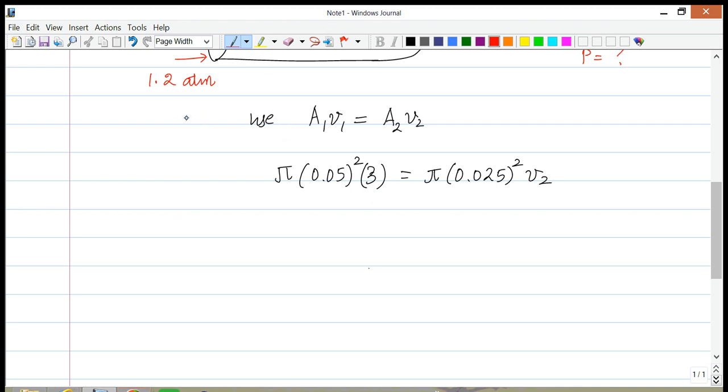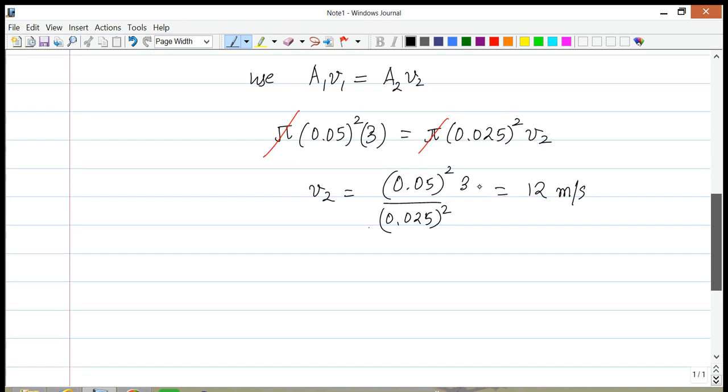First of all, the pi's cancel out, and then we'll write V2 as 0.05 squared times 3 divided by 0.025 squared. Now 0.05 divided by 0.025 is 2, and the square of that is 4, so 4 times 3 is equal to 12 meters per second. So you see, you could do this without using a calculator.